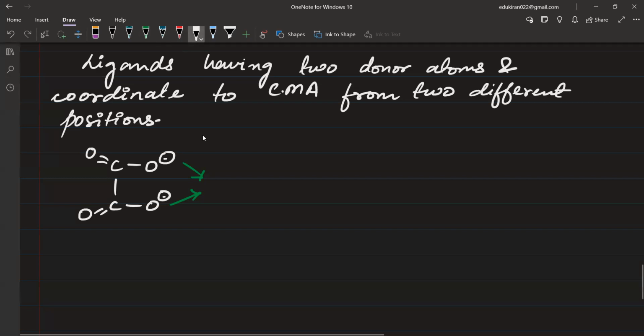Only the oxygen atom is donating the electron, but we have two different positions from which it is donating. So in total we have two donor atoms and two different positions from which it donates. It is also written as C2O4 2 negative, that is oxalate.